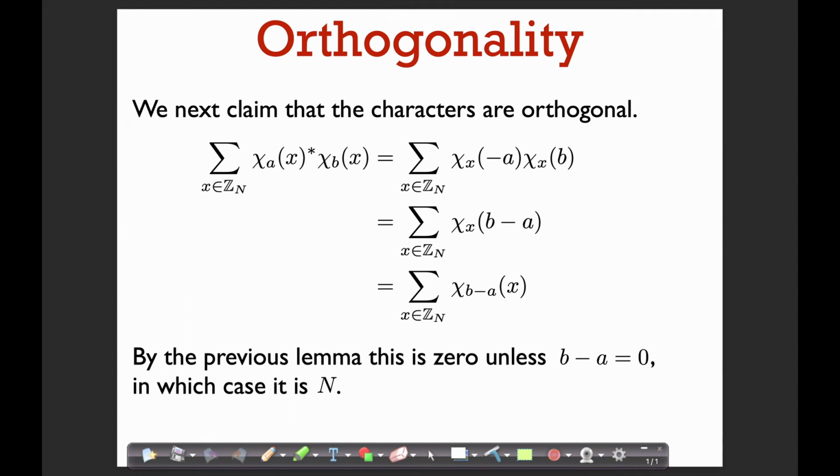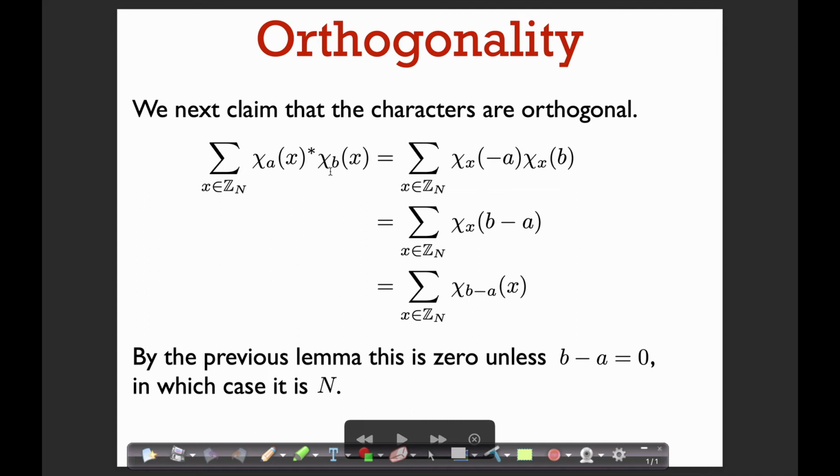Okay, so let's see how this lemma gives us a very important property of the characters, and that is that they are orthogonal. Okay, so let's look at the dot product of two characters, chi a and chi b. So this is the sum over all x of chi a of x complex conjugate times chi b of x.